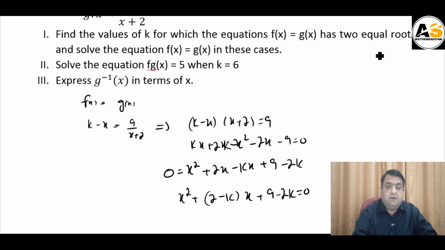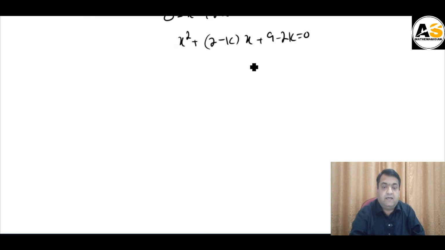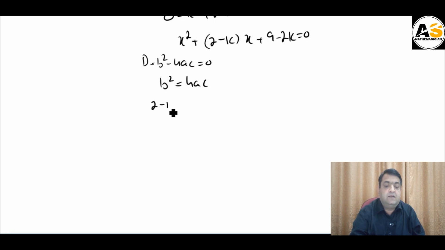So for equal roots, we know that the discriminant b square minus 4ac is equal to 0. In other words, b square is equal to 4ac. Put the values. B is equal to 2 minus k. Its square is equal to 4 times a is 1 and c is 9 minus 2k.